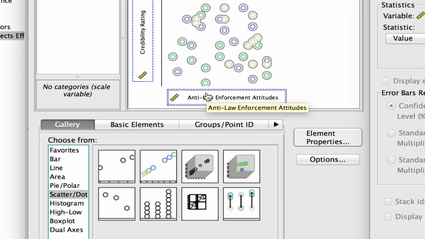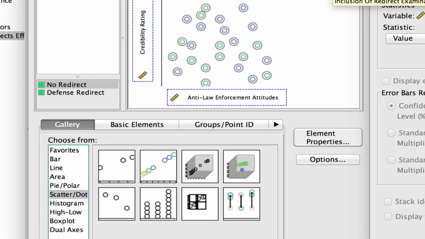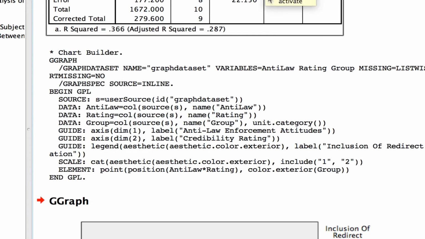The two different relationships we want to see are reflected in our inclusion of the defense redirect examination variable, so I'm just going to put that in as our different colours. If we hit OK, we should get some output.